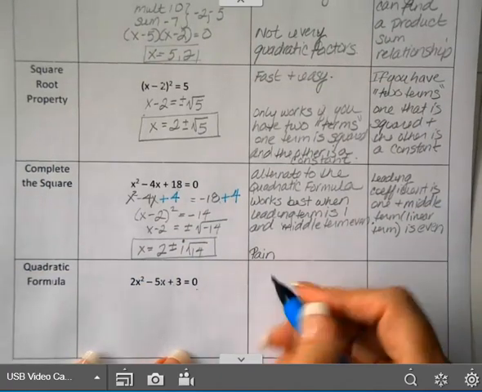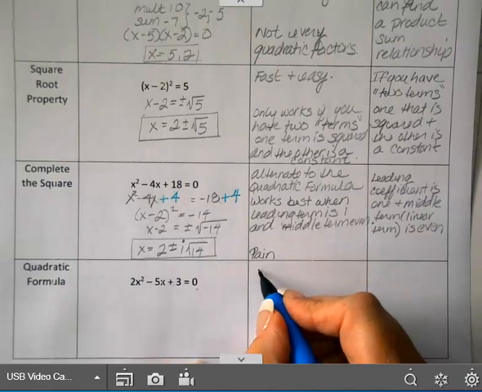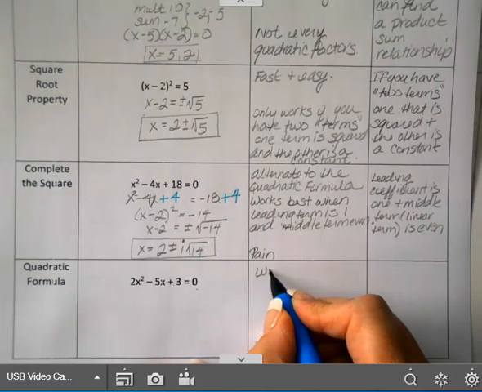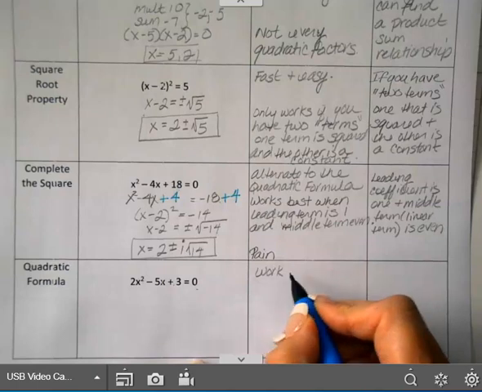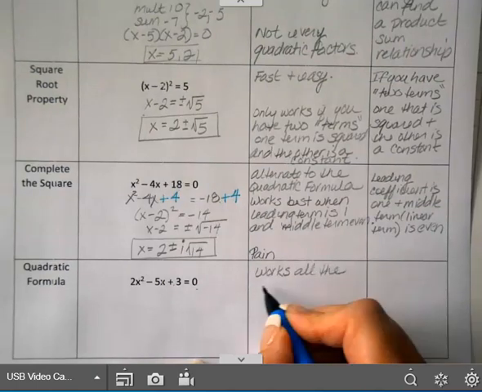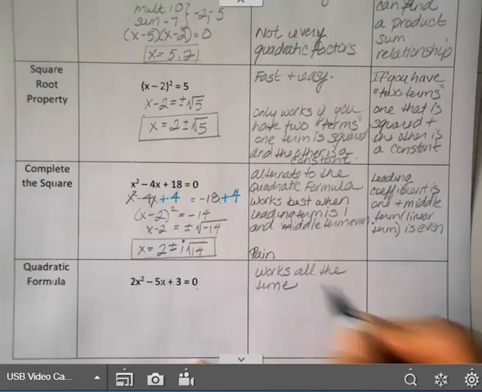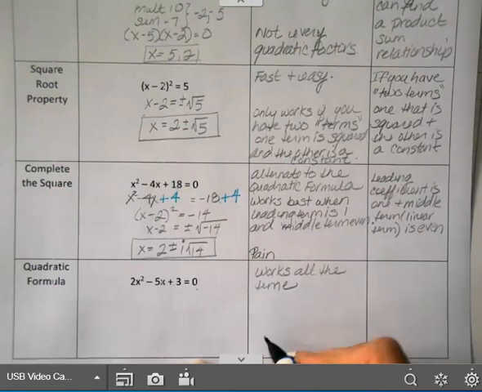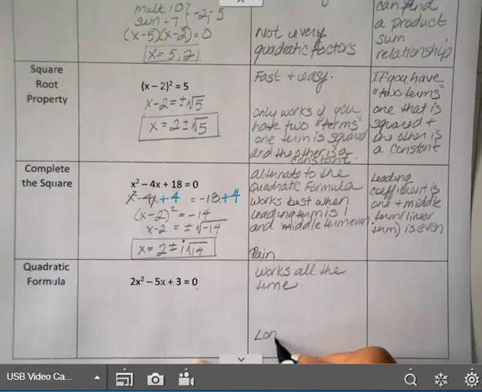Quadratic formula is going to work all the time, so that's what I would consider its strength. Weakness of it is it's longer than the rest of the methods.